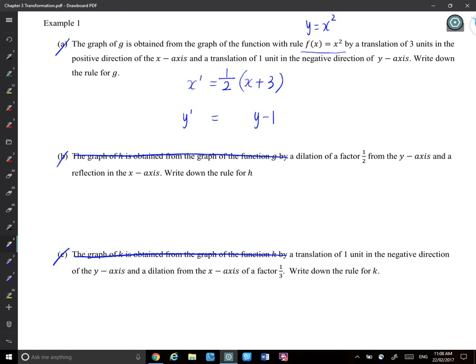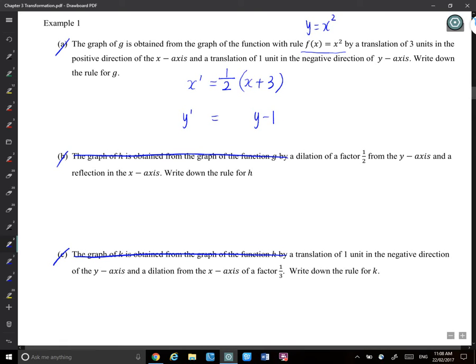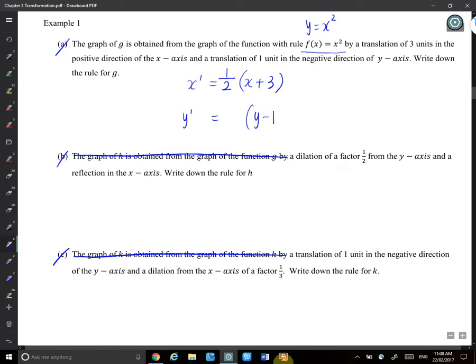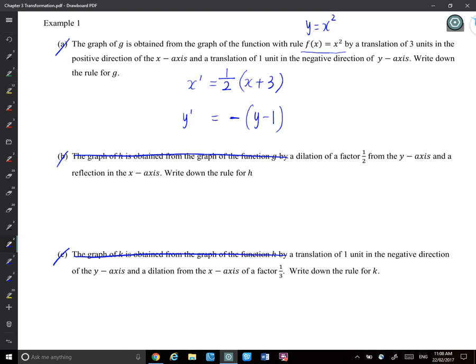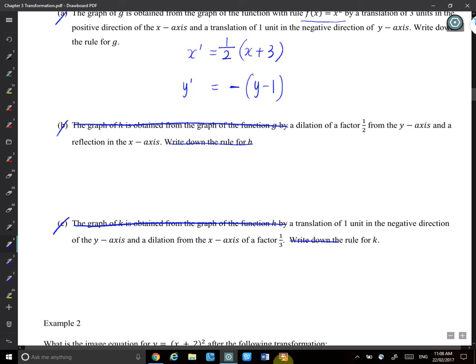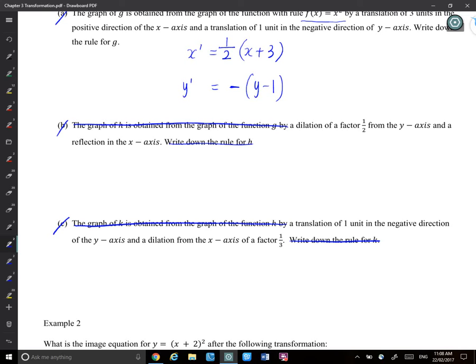The next thing is a reflection in the x-axis, which is changing the y value. So we will negative the whole thing in the front. The next thing is a translation of 1 unit in the negative direction of the y-axis.